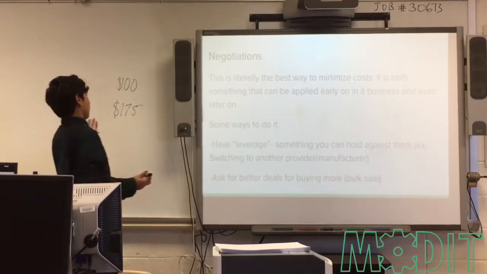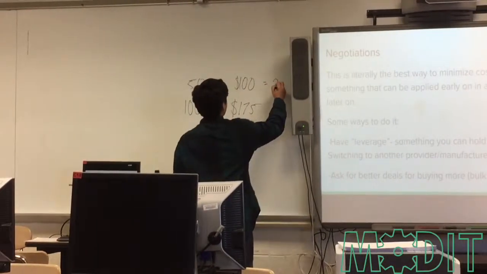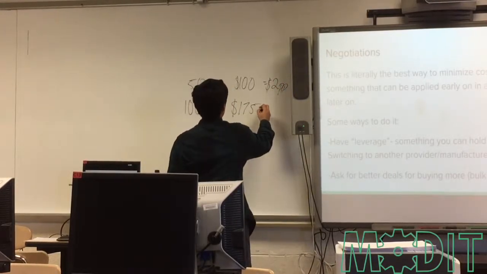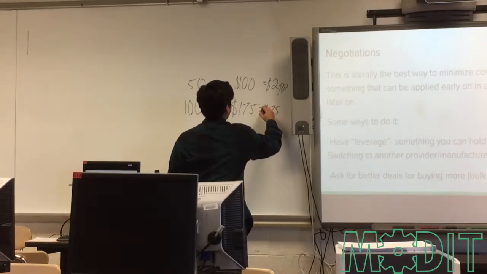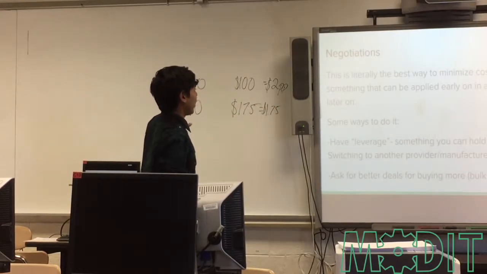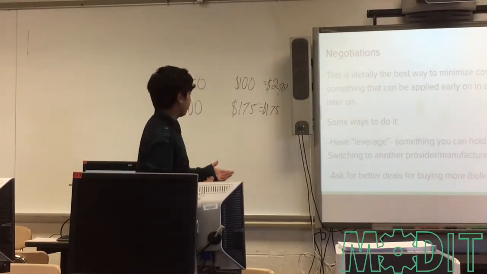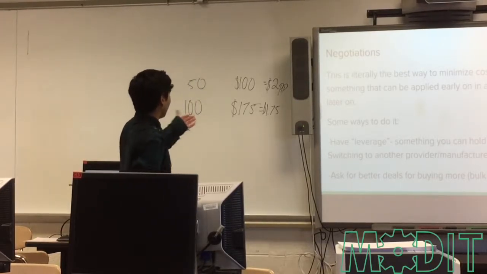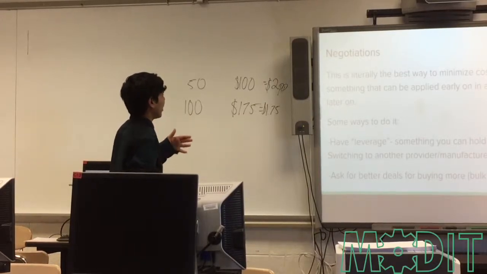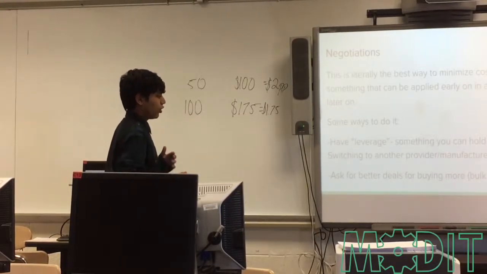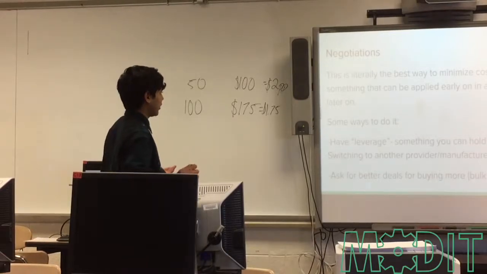Well, if you take the unit price, it is $2 here per product, and here it is $1.75. So you did get a better deal out of it by buying more. So you can try to ask for more and have it so you don't have to pay $200 for 100, but rather something a bit lower. So you get a better unit price, I would say.